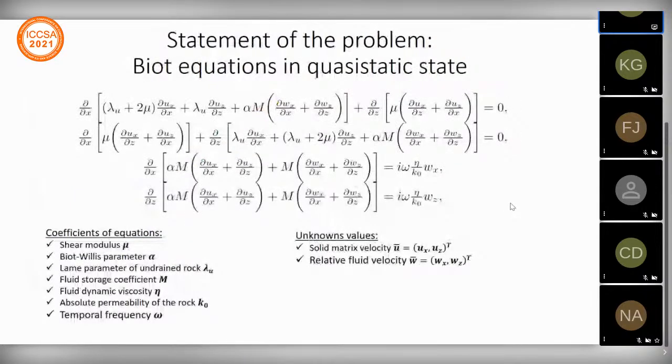So what are bio equations and the quasi-static state? The quasi-static state assumes that we've got not a wave propagating regime, but a diffusive regime. The equations are parabolic in their nature, and it is easy to solve them in the frequency domain rather than in the time domain.